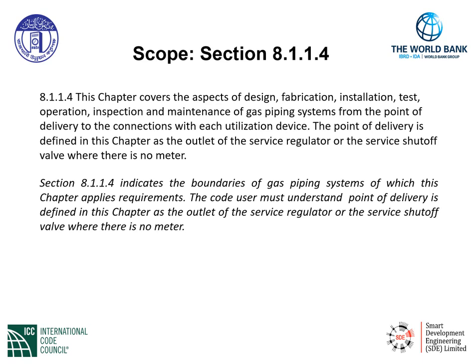The code user needs to understand point of delivery is defined in this chapter as the outlet of the service regulator or the service shutoff valve where there is no meter. So it gives us a complete description whether a meter is present or not, where the demarcation point is that this code begins to apply requirements.